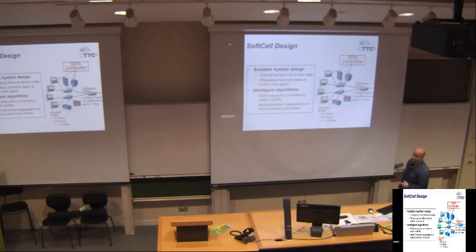So SoftCell avoids the unlimited increase of flow entries by aggregating flow rules. How does it do that? By assigning location-based IP addresses to the traffic that the UEs generate, rewriting the IP source address at the access switch.